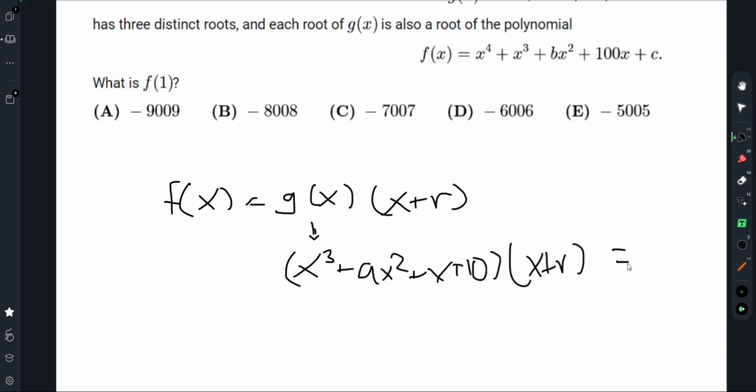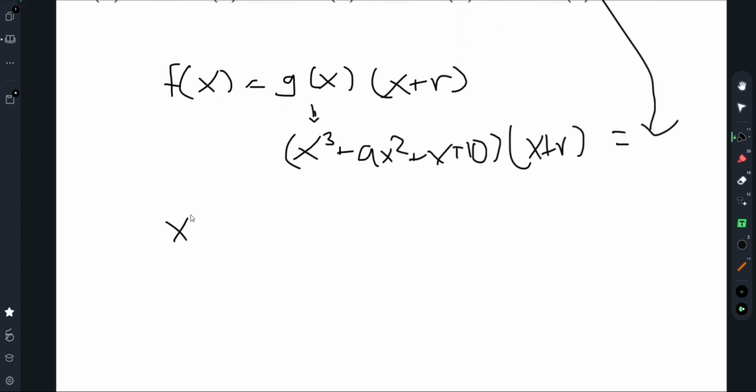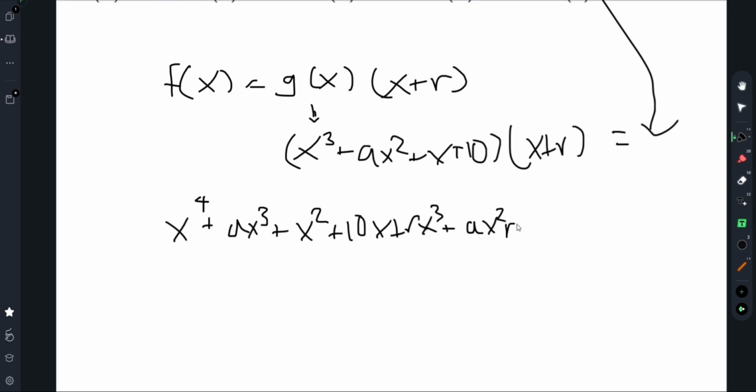This is equal to f of x. So expanding this out, we get x to the 4th plus ax cubed plus x squared plus 10x plus rx cubed plus ax squared r plus xr plus 10r. This is equal to f of x.